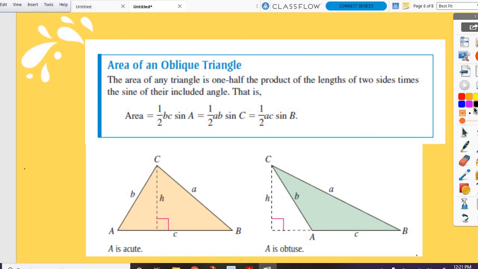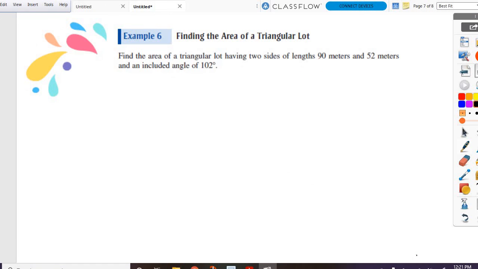Okay, so let's look at an example. It'll be rather fast. It says find the area of a triangular lot having two sides of lengths 90 meters and 52 meters and an included angle of 102 degrees. The big thing here is that they say it's the included angle, so it doesn't really matter what we label each of those sides.